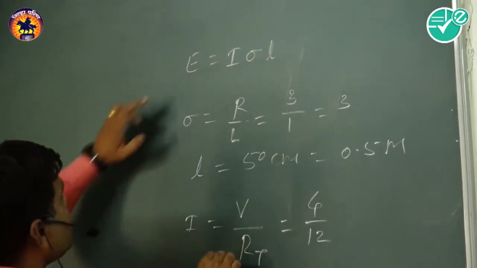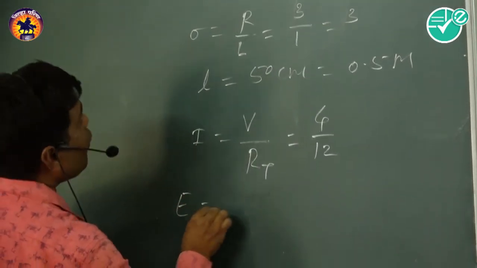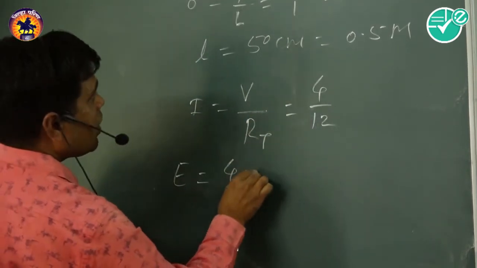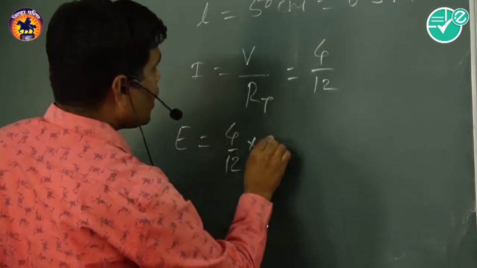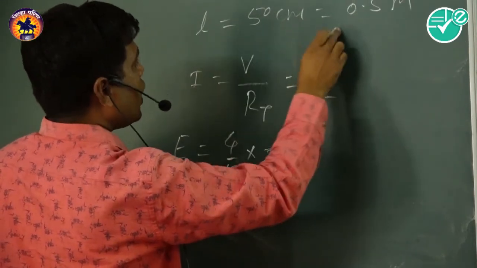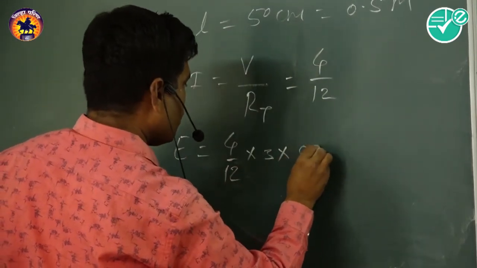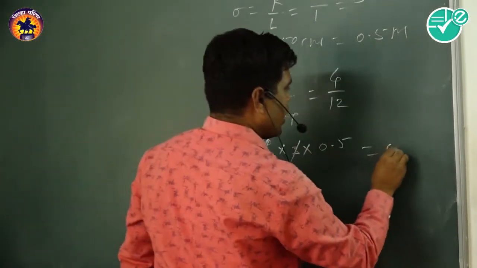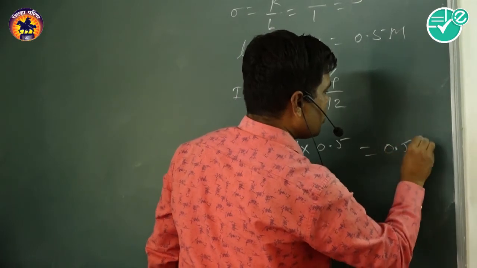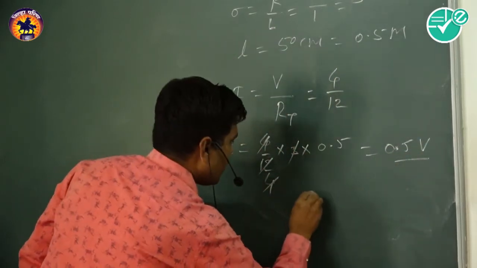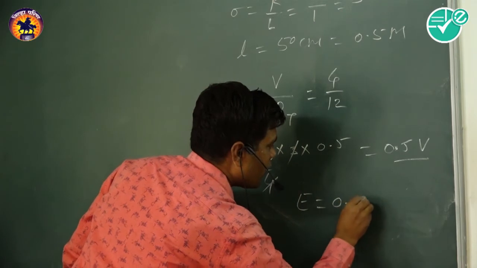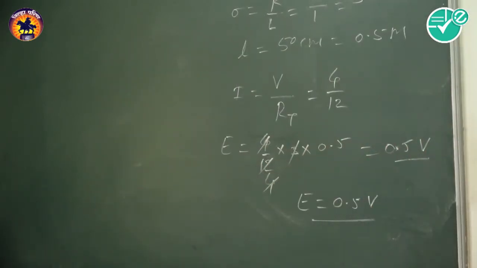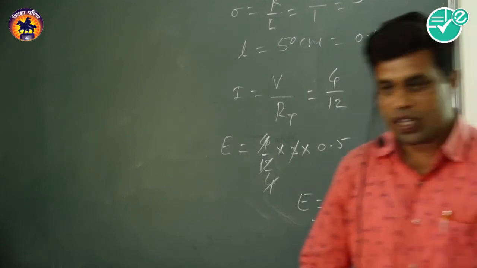If you put all these values in this equation, the EMF of the cell equals 4 by 12 is the current, sigma is 3, and L is 0.5, or you can take half. Here the 4 cancels, and the EMF of the cell from the calculation will be 0.5 volt. So the EMF of the given cell C that we have got after calculation is 0.5 volt. B is the answer for question number 57.